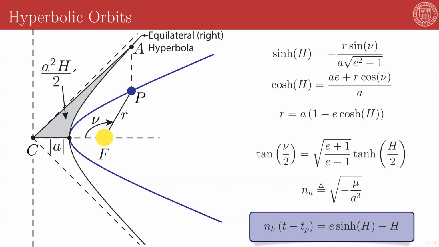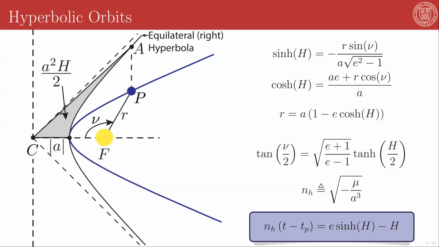We define the hyperbolic anomaly H via the area of the shaded region, and this area is the region between the vertex of an equilateral hyperbola and the center of the hyperbolic figure up to the point that is a height above the location of the orbiting body on its true hyperbolic orbit. So very analogous to what we did with the auxiliary circle and the definition of the eccentric anomaly, except here we have an area and we're defining an equilateral or right hyperbola rather than an auxiliary circle.